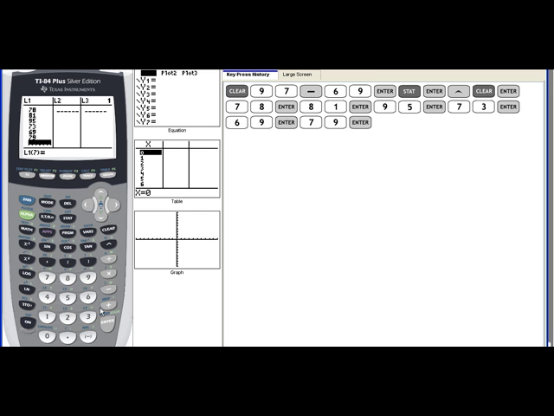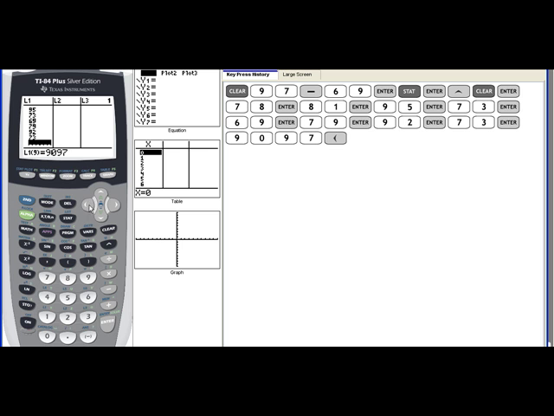Whoops. Let me go back here. That should be 90. Didn't press enter hard enough.